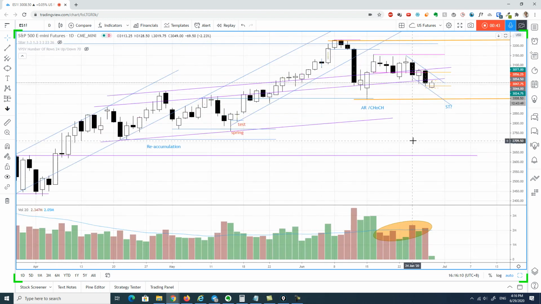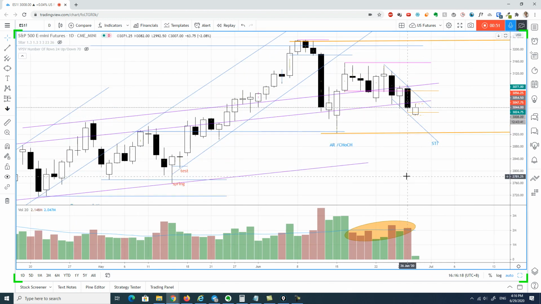As you can see in this daily chart for the S&P 500, last Friday was a bearish day. The thing that stands out to me was this supply spike. You can see that we have an increase in supply together with the bearish result. But just by looking at this candle spread, it's not exactly as bearish as the 11th of June.